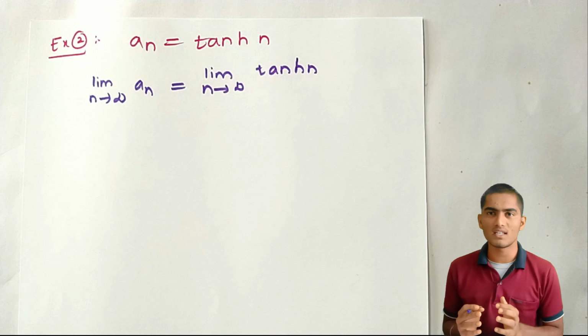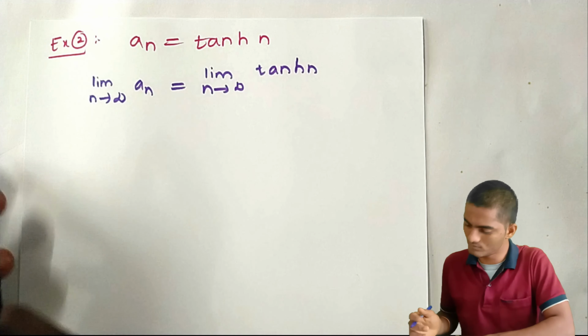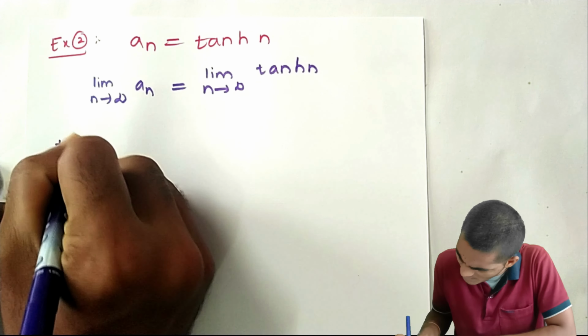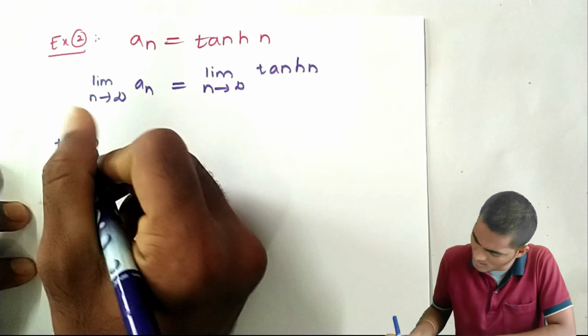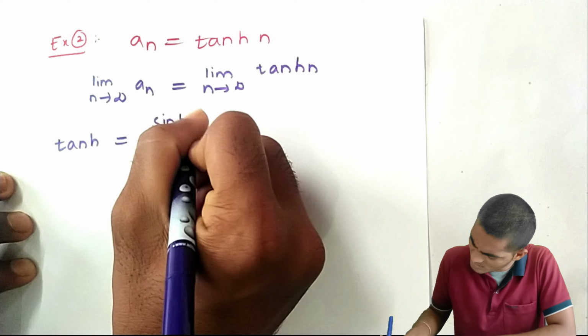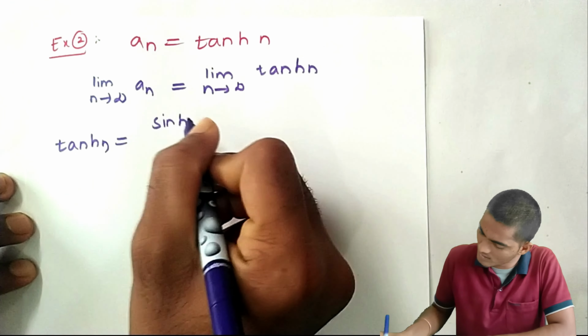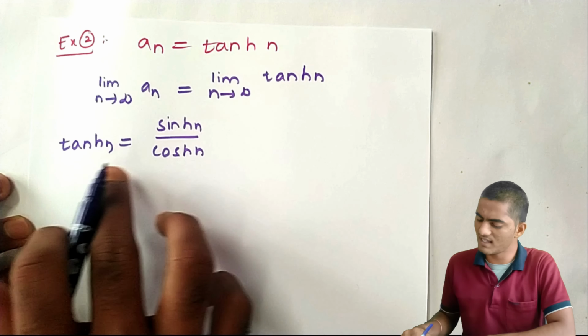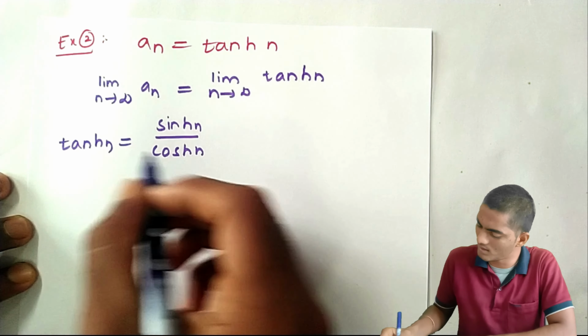First, convert the tanh into simple form. Tanh n equals sinh n by cosh n.